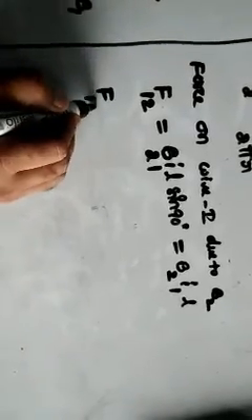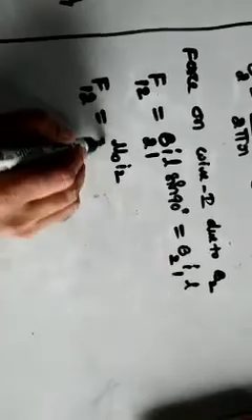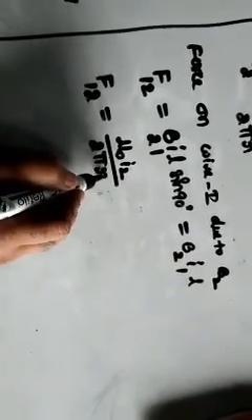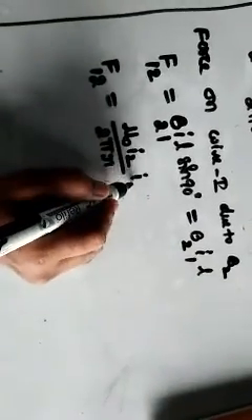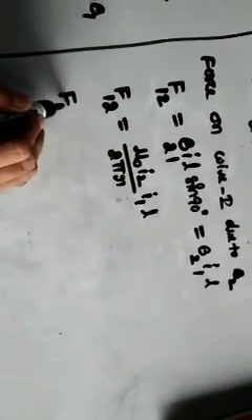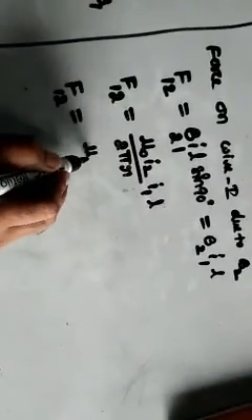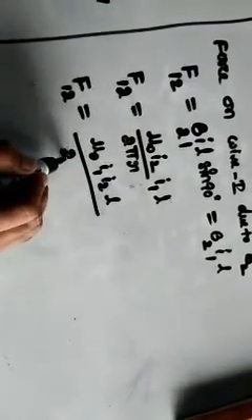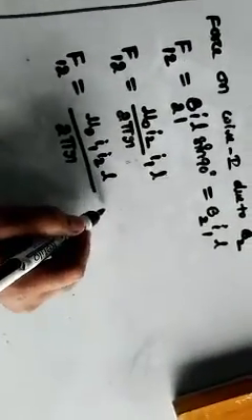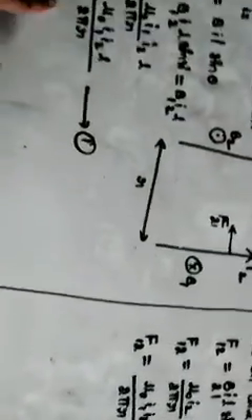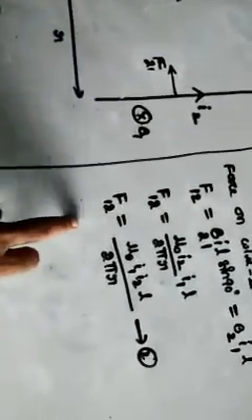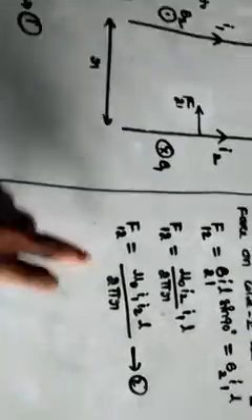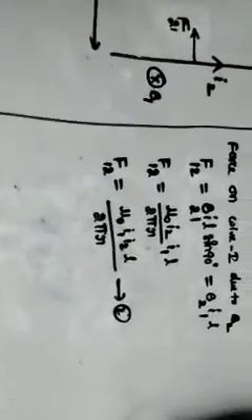So substitute B2 as μ0 I2 by 2πr, times I1 into L. F12 is equal to μ0 I1 I2 L by 2πr. This is equation 2. The force acting on the first wire is like this, and the force on the second wire is like this. See these equations 1 and 2.